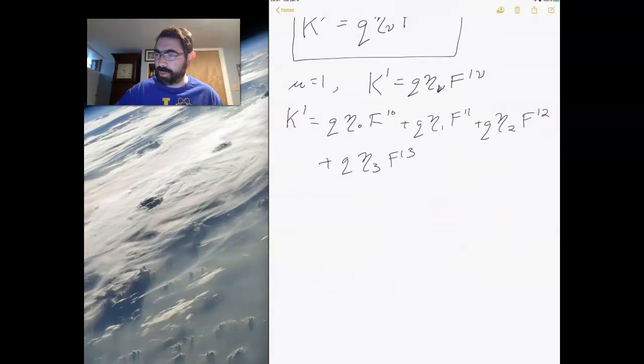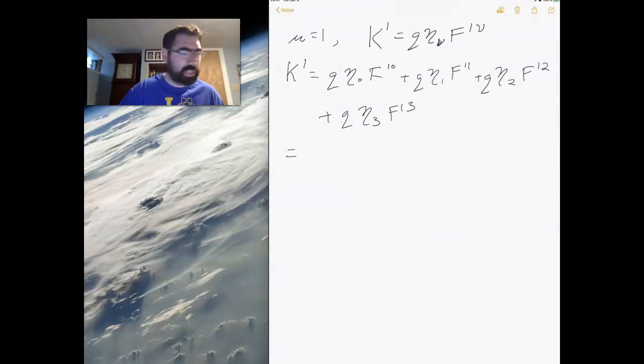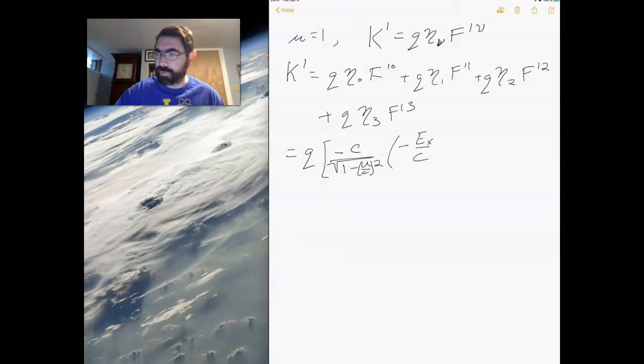Now if we put all the terms in, I could factor out a Q, and I would have minus c over the square root of 1 minus u over c squared. So that's η_0. F^(10) would be minus E_x over c.